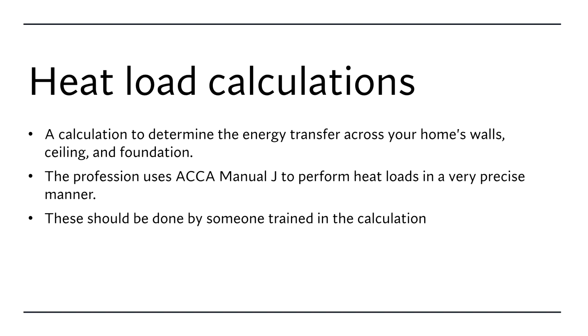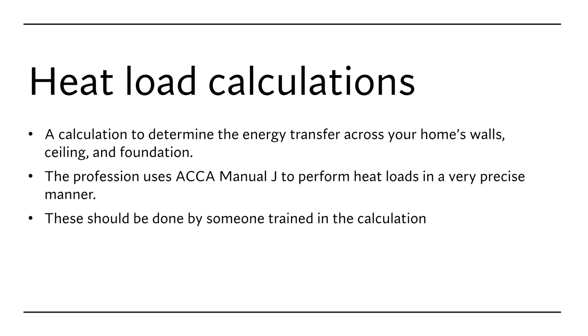In order to do that, we use the ACCA Manual J standard to perform the heat load. It's a very precise calculation, and it really can only be done by someone who's been trained to do it. Your contractor that's putting this in should do it for you. If they don't do it, ask them, and if they hem and haw about it, go get another contractor. Or call a professional engineer that knows how to do these heat load calculations and ask them to do it.